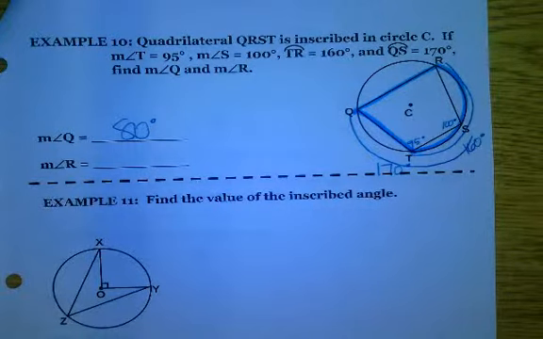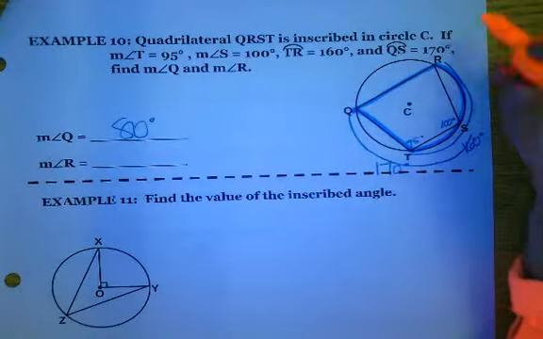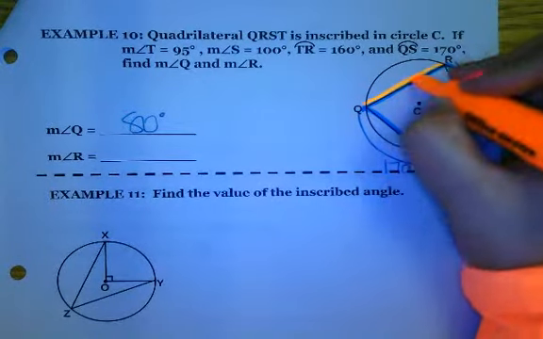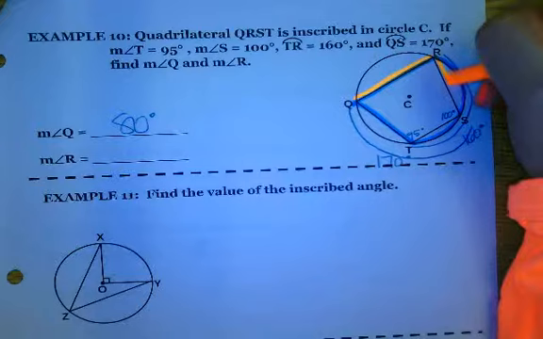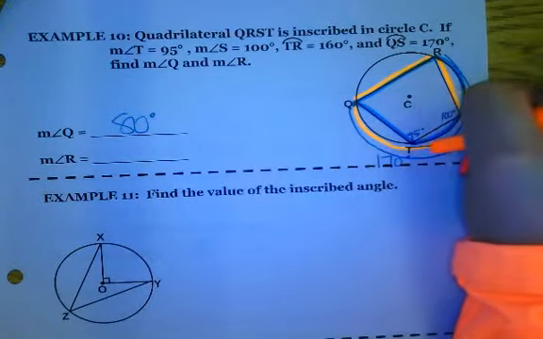Okay, however, listen. You can use the information they gave you for inscribed angles, and you get that piece, and you would get 85.